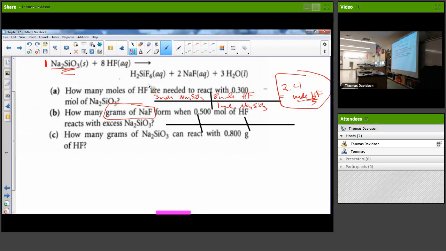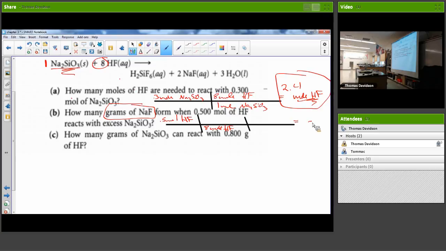So, all right, what's my given? It is this, 0.5 mole HF. So I want to get rid of mole HF, correct? What's in front of mole HF? An 8 mole HF. What do I want to go to?